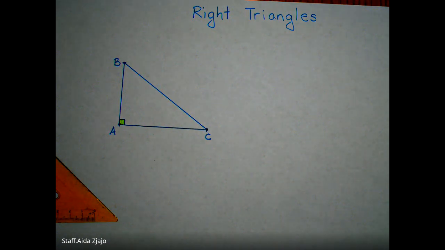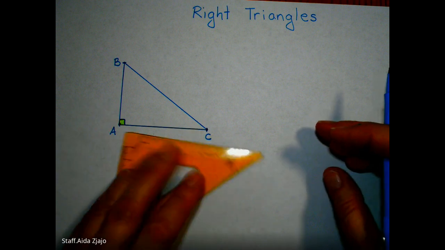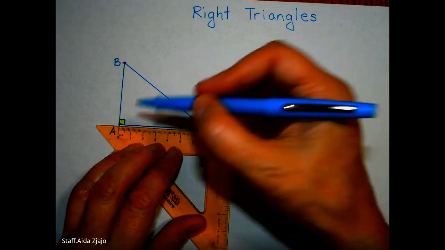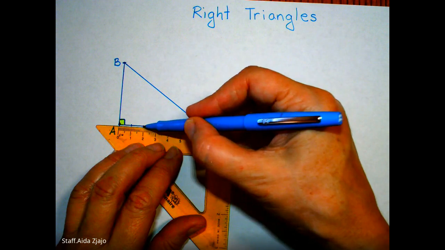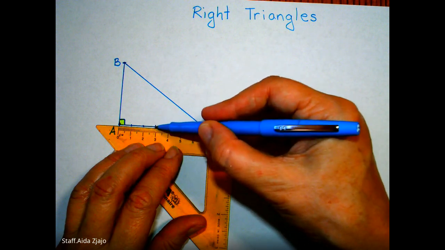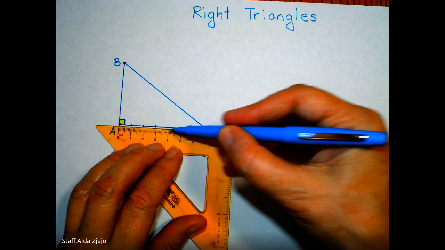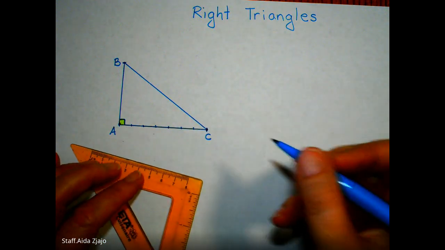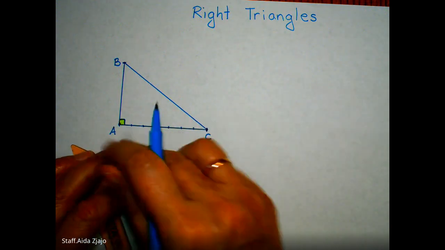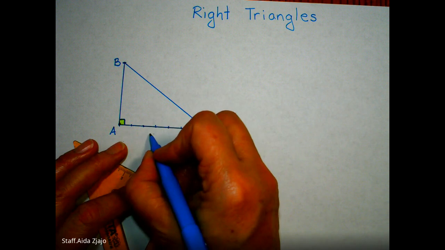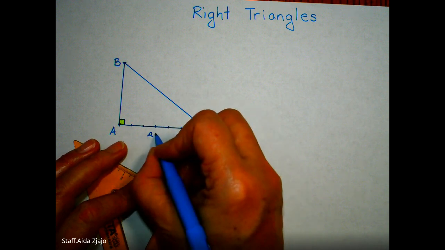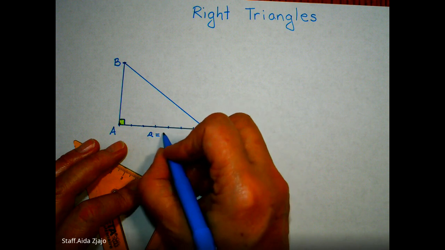After that, I can really prove that I have those 7 centimeters. So I can go and measure, mark each centimeter. So it's really 7 centimeters. I can label this one A segment, and that is equal to 7 centimeters.